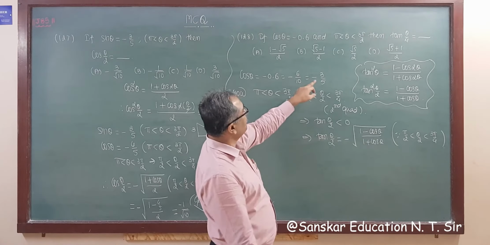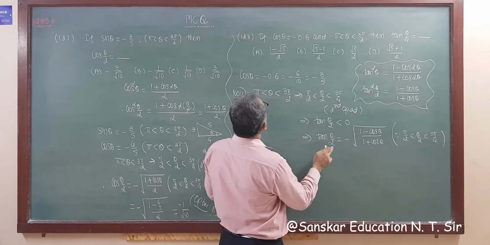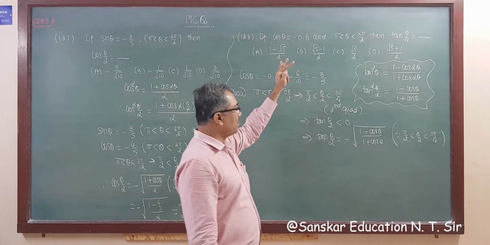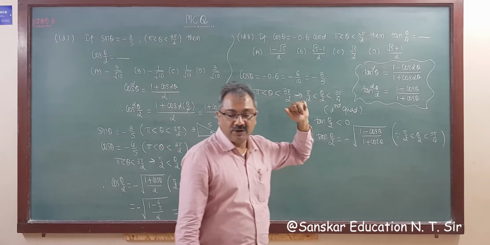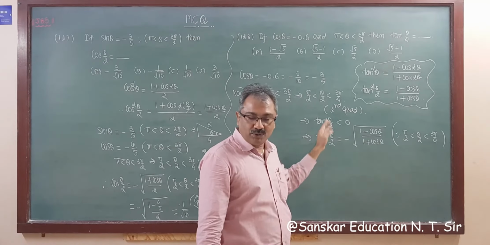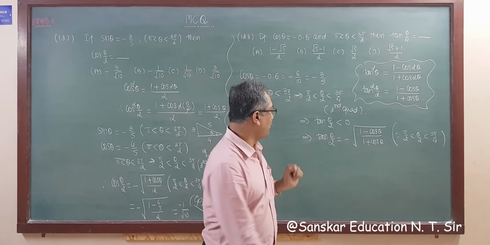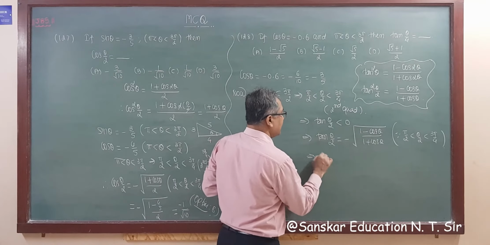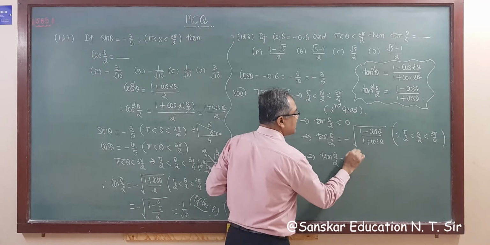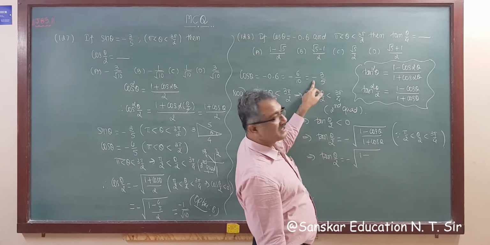Now cos theta is minus 3 by 5, so substitute this value, what we get? Tan theta by 4, we have to find out the value of tan theta by 4. So first we find out the value of tan theta by 2 and then we use it for tan theta by 4, right? So this implies tan theta by 2 is minus square root of 1 minus cos theta, which is minus 3 by 5.